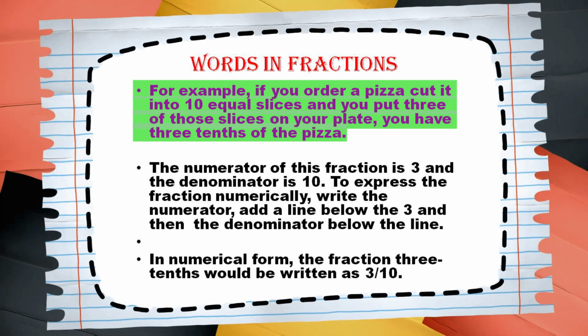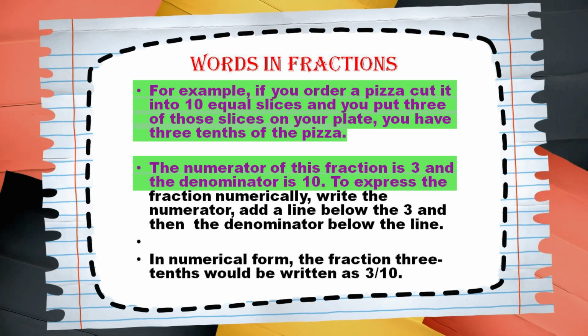To express the fraction numerically, write the numerator, add a line, and then the denominator below the line. The numerator of this fraction is 3 and the denominator is 10.